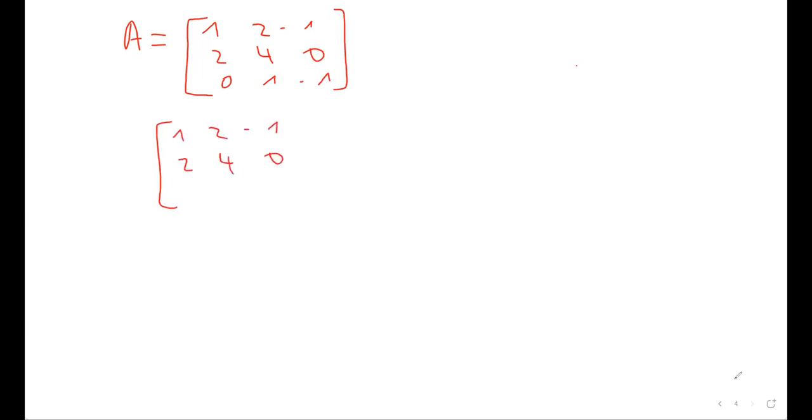Okay, so we had 1, 2, minus 1, 2, 4, 0, 0, 1, minus 1. Right. Then when we started, we said 1, 2, minus 1, 2, 4, 0.